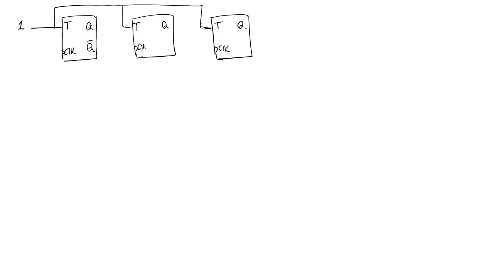So I'm going to connect the Q bar of the first one to the clock of the next one, and the Q bar of the second one to the clock of the third one. And I'm going to call the output of the first one Q0, this one Q1, and this one Q2. This one has a Q bar, I just don't use it. It's not connected to anything.